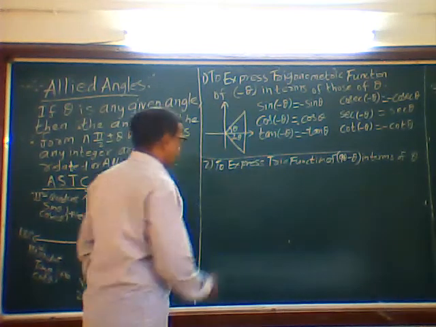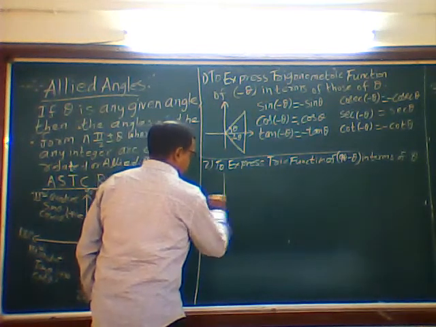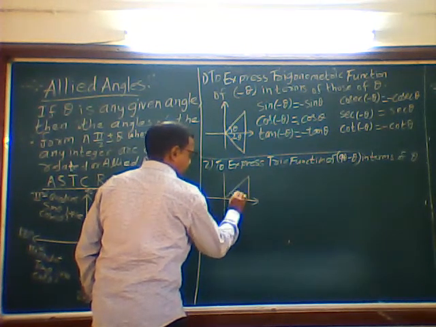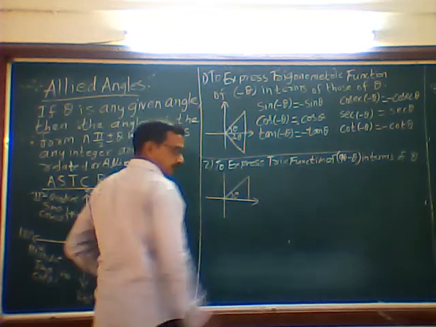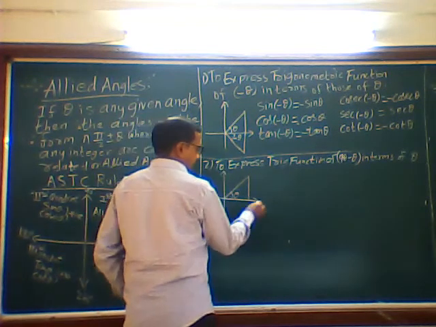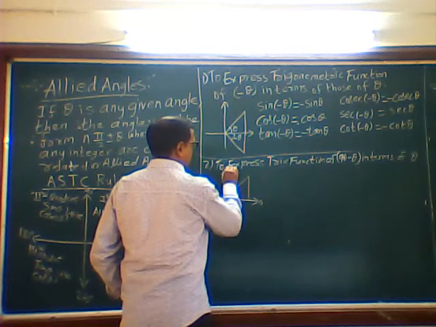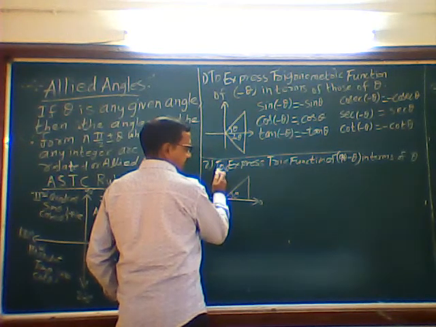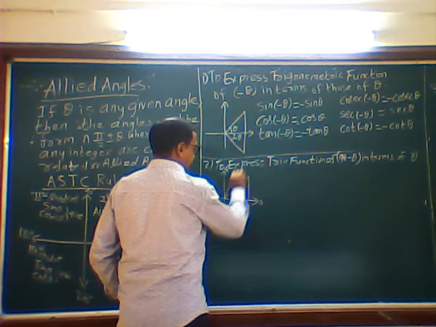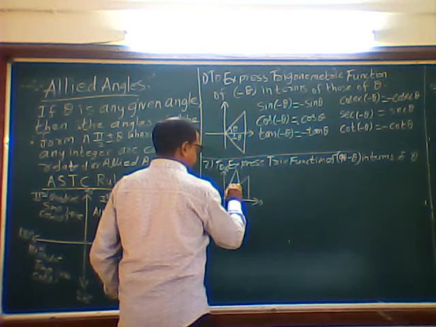Okay, again I draw a rough diagram here. This is always the positive 90 degree, theta degree, positive in the first quadrant. Now next what is asked is 90 minus theta. So from 0 to 90 I will reach here. It is saying minus, which means I will come back, somewhere here.